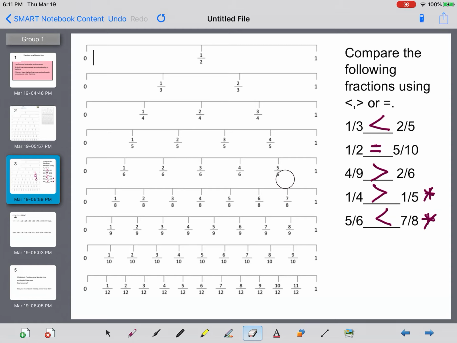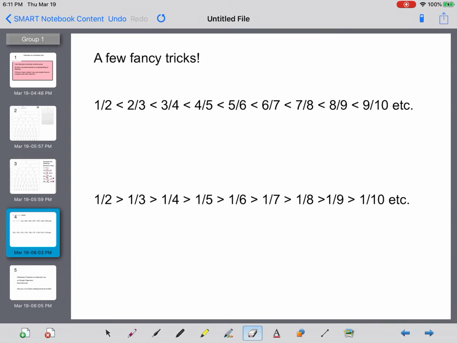Okay, now I said I was going to explain why those two are super fancy, so let's go to the next slide. And I'm going to show you a few fancy tricks with comparing and ordering fractions. So the first trick that I want to show you is when your numerator and denominator have a difference of 1, meaning that if you take the denominator and subtract the numerator, it will equal 1.